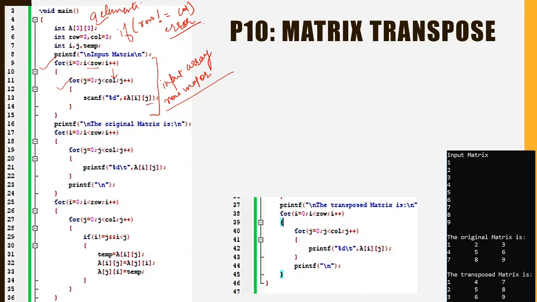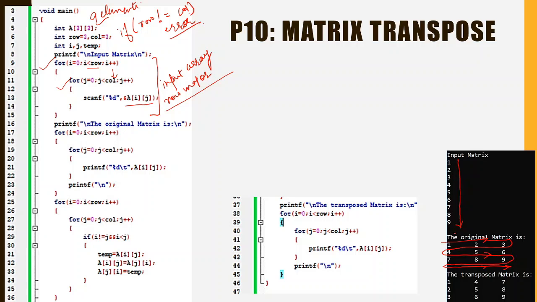So every time an element is entered by the user, you can see that they are stored in row major form, right?